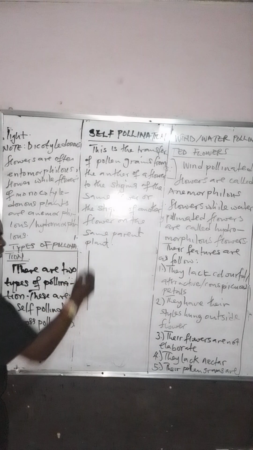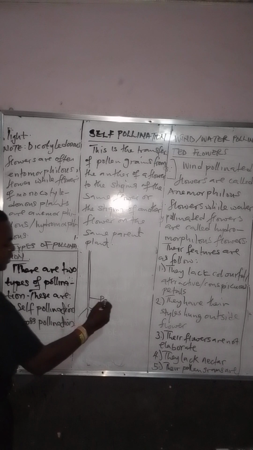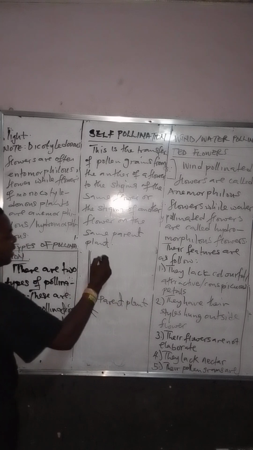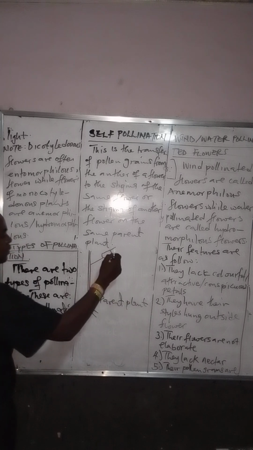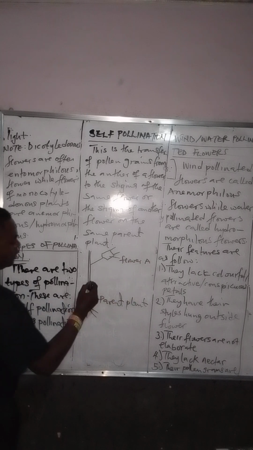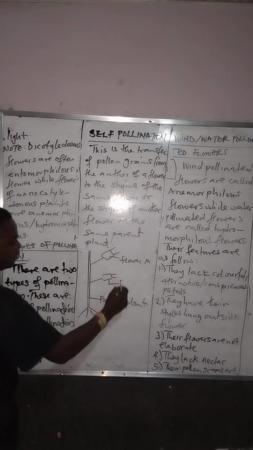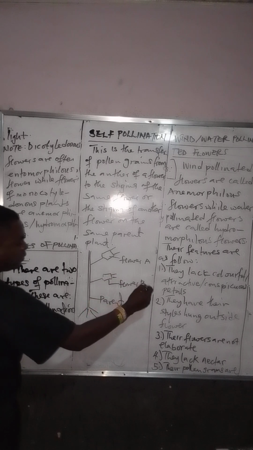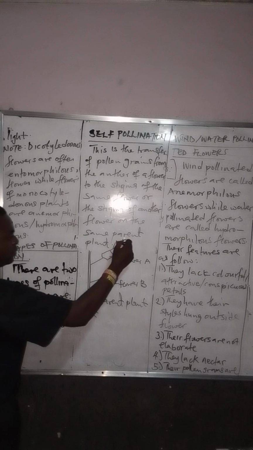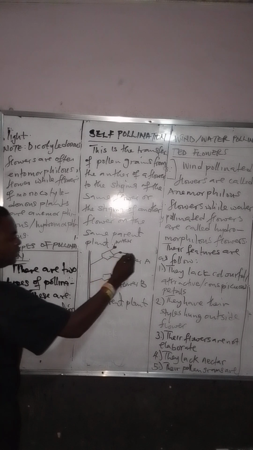What do I mean? If this is a parent plant, for example. This is flower A. Then this is flower B. And this is anther, and this is what?